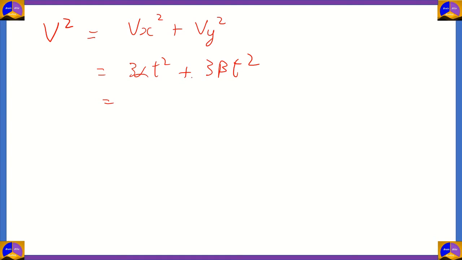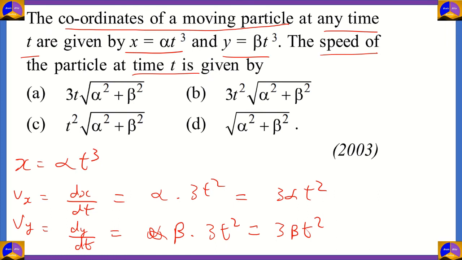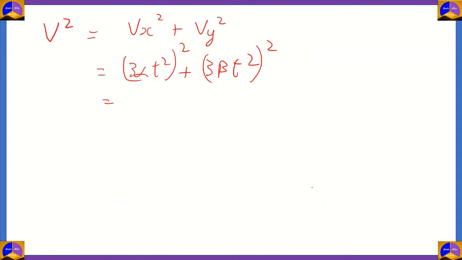It's actually 3 alpha t squared the whole squared plus 3 beta t squared the whole squared, because in our calculations we took vx as 3 alpha t squared, so if you square that, you have to square the entire thing. So you have 9 alpha squared t raised to 4 plus 9 beta squared t raised to 4.